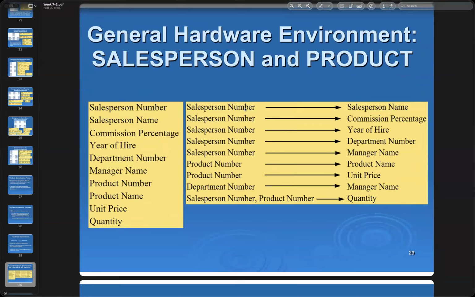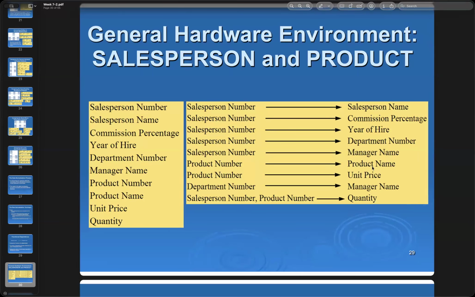So we're drawing, what are the numbers? The salesperson number determines the salesperson name, commission, year, maybe departments, manager names. When we talk about product numbers, a product number will be a direct functional dependence to the product name, unit price.